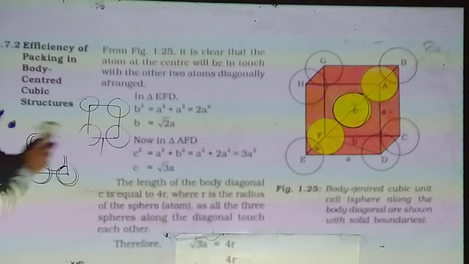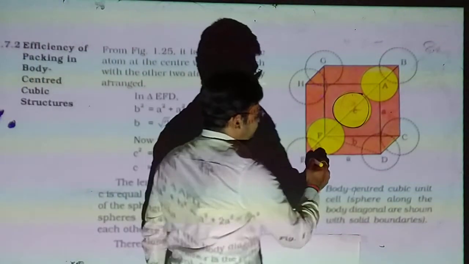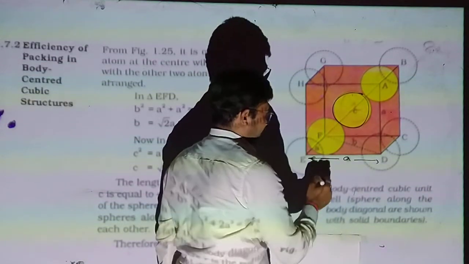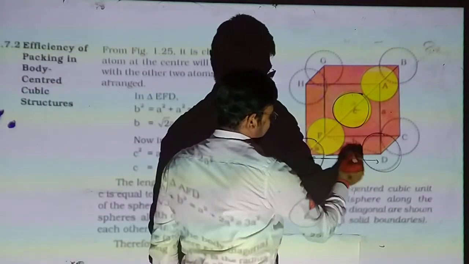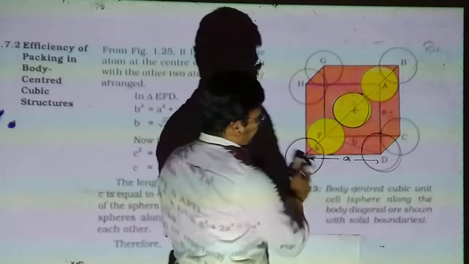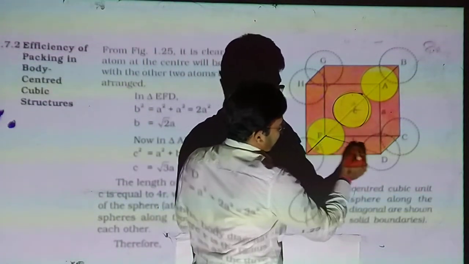So first we have to derive the edge length. We can't derive the edge length directly here. Why? Our spheres are not touching each other at the edges. That is the problem. Here we are taking a triangle.